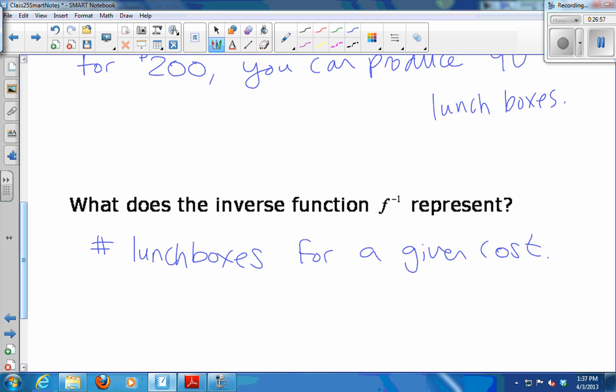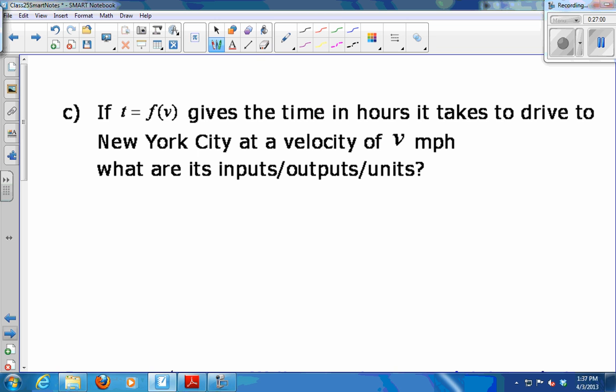Okay? All right. So if t equals f of v gives time to drive to New York City at a velocity of v miles per hour, this says time is a function of velocity. Read it as a sentence. So my inputs are the thing in parentheses, right? Function of velocity. My input is velocity. And we'll measure that in miles per hour.